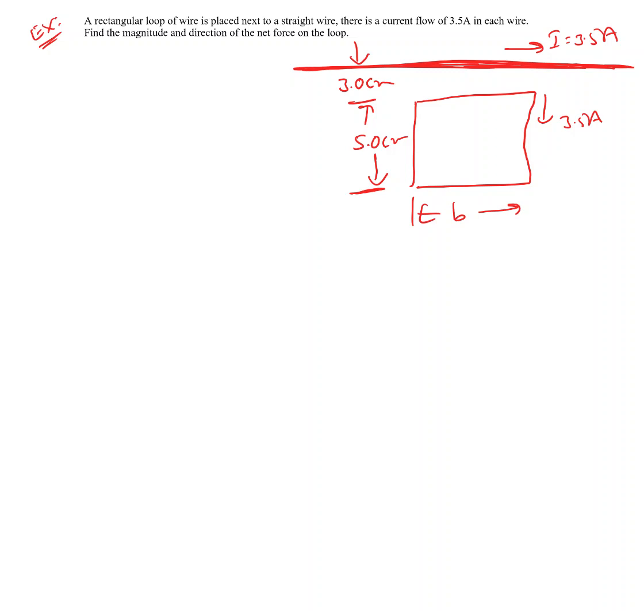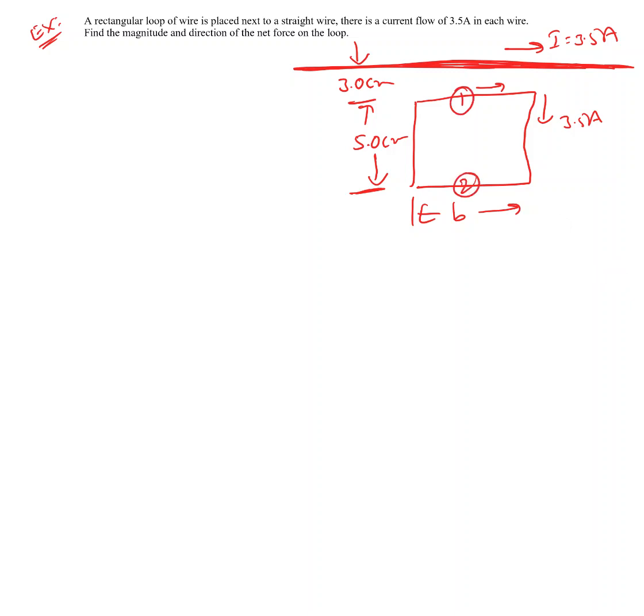Now I'm assuming current I is flowing towards right. Here also current is flowing towards right. Let me take this as conductor 1 and this as conductor 2.